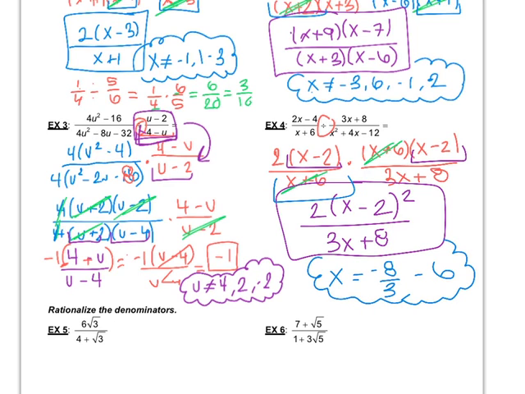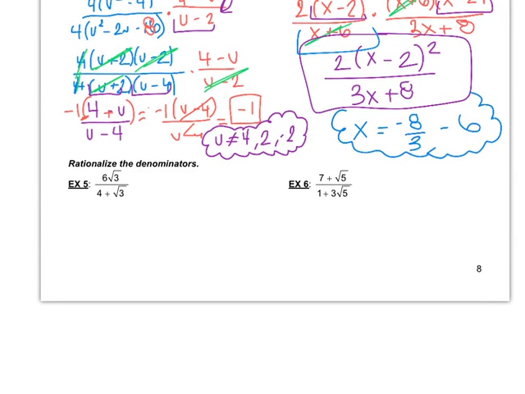So you've seen how to multiply and divide rational expressions. So let's move on to example 5 and 6. This is rationalizing the denominator. We did this last class. I'm just going to skip these. So we did these before. If you want to practice it, by all means, pause the video and practice. The completed notes of this section are also on Schoology, but to review the steps, you need to multiply top and bottom by the conjugate of 4 plus root 3, which would be 4 minus root 3.